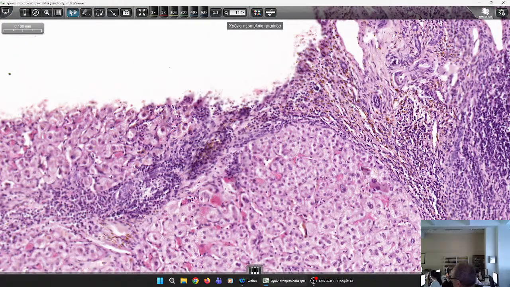So it either joins two portal tracts or a portal tract with a central vein. And this disrupts the architecture of the liver parenchyma. Okay? So that's what you see in this slide. You see periportal hepatitis, that means lymphocytes leaving the portal tract and entering zone 1.